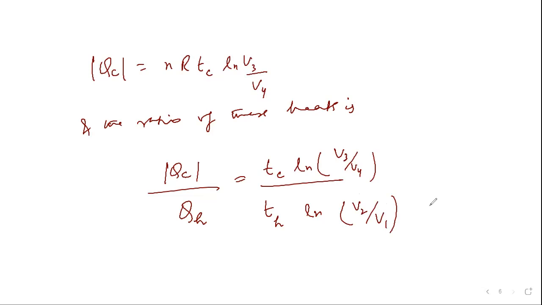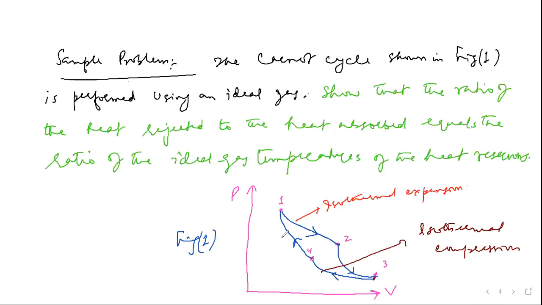Now, the next step is we want to relate V1, V2, V3 and V4, right? Now these volumes, if you see in the diagram, volumes 2 and 3, and 1 and 4.